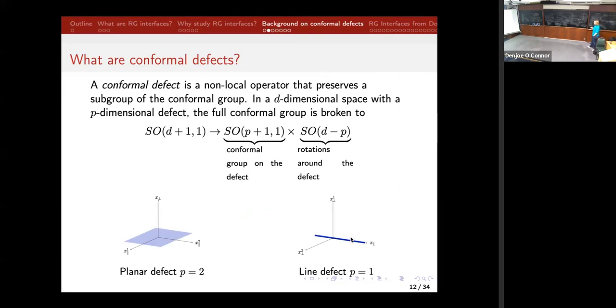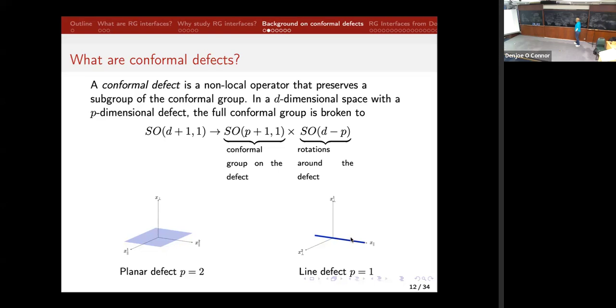With a line defect it should be SL(2,R), but with a planar defect it would be SL(3).